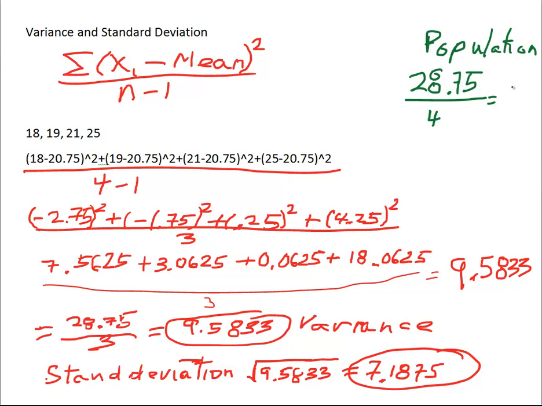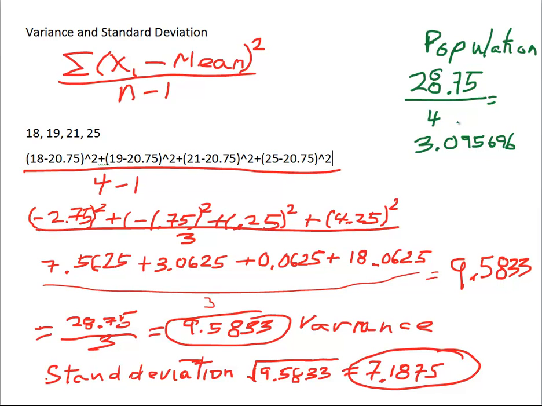And so in this case, 28.75 divided by 4 is going to be 3.095696. And then to take the standard deviation, you just take the square root again. But the only difference if you're doing population is just don't subtract 1.